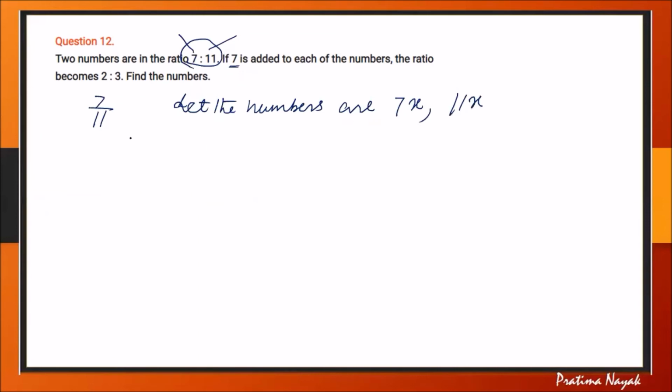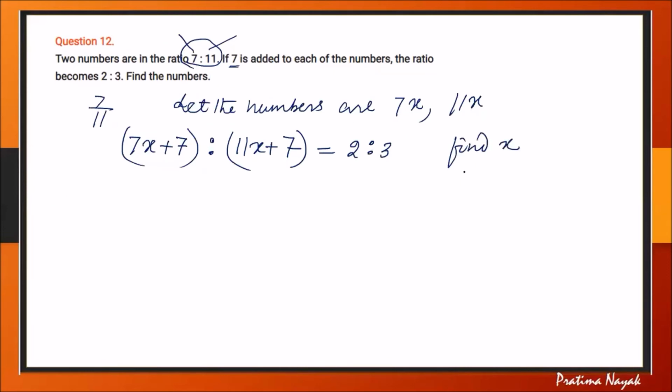Then 7 is added to both. So 7 added to 7x is 7x plus 7, and 7 added to 11x is 11x plus 7. Now this ratio is 2 is to 3. What we have to find is x, then 7x and 11x, because these are the two numbers.